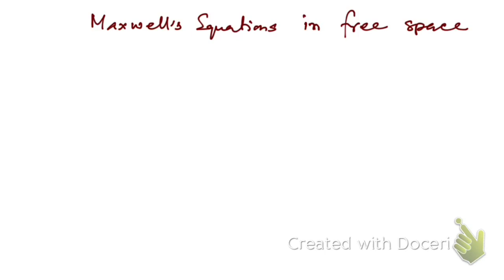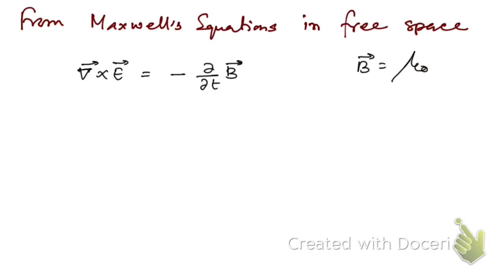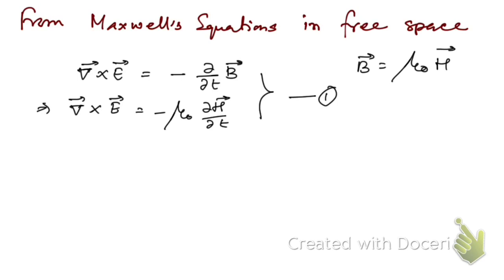We have got this relation from Maxwell's equations: curl of electric field E equals minus the partial derivative of B with respect to time t, where B is the magnetic field, which can also be written as mu naught H. So we can write it as minus mu naught del H by del t. This is, suppose, equation 1.